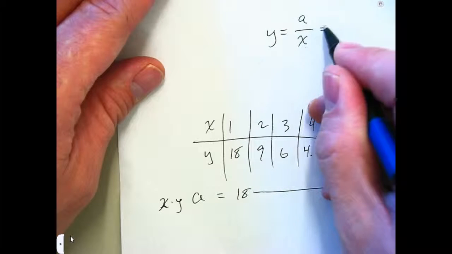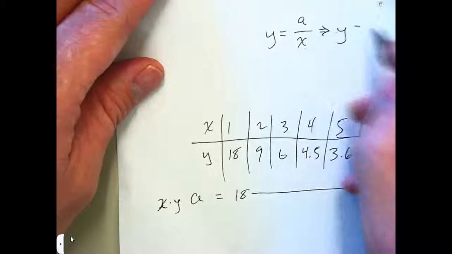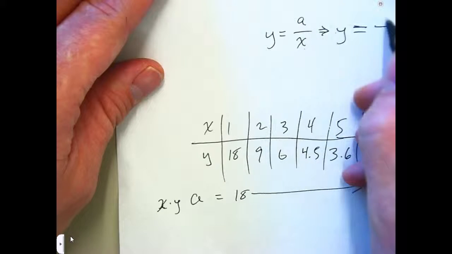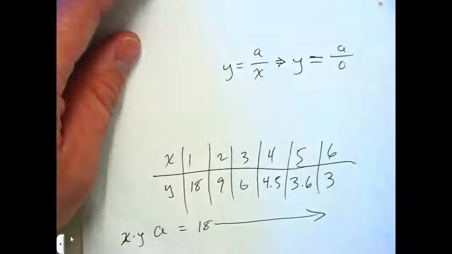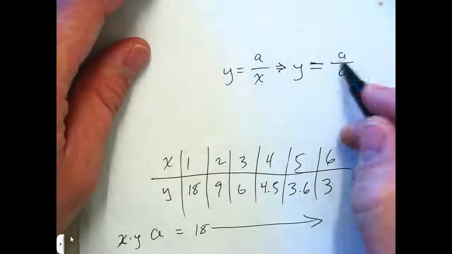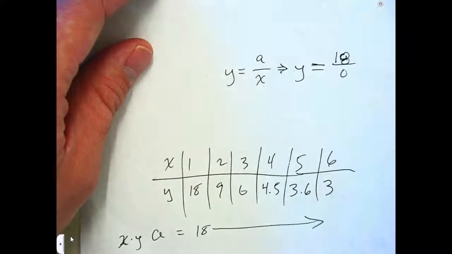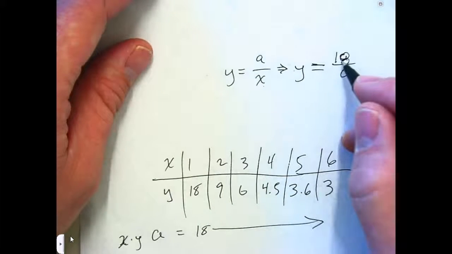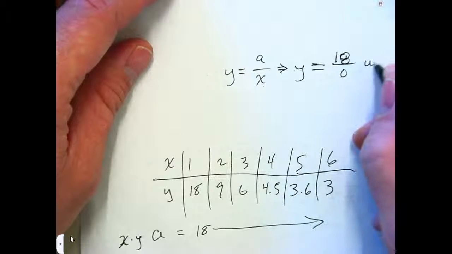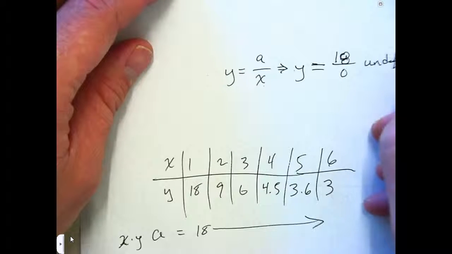So that would be y equals a over 0. Well, in fact, we know a is 18. 18 over 0, what do we get? That is undefined. Undefined, I knew it.